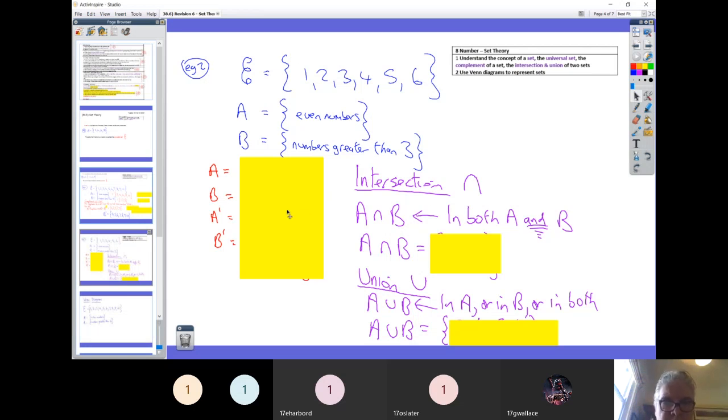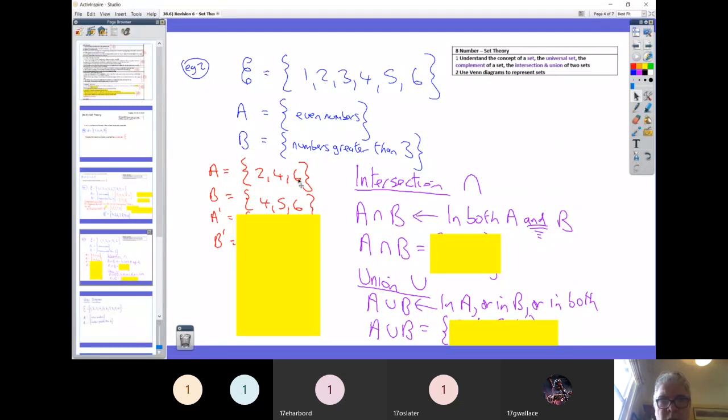So, in A, what are the even numbers in our universal set? So clearly that's 2, 4, and 6. B is the numbers greater than 3. So what's greater than 3? That's obviously 4, 5, and 6. Now, not A. So what numbers in our universal set are not 2, 4, and 6?